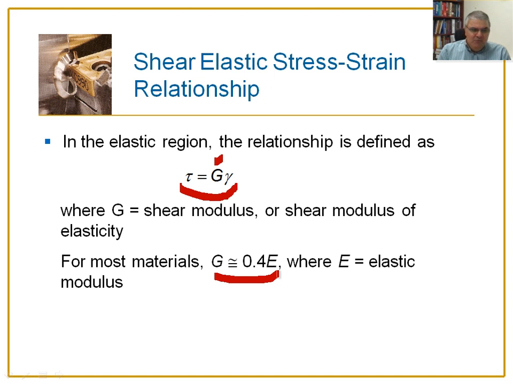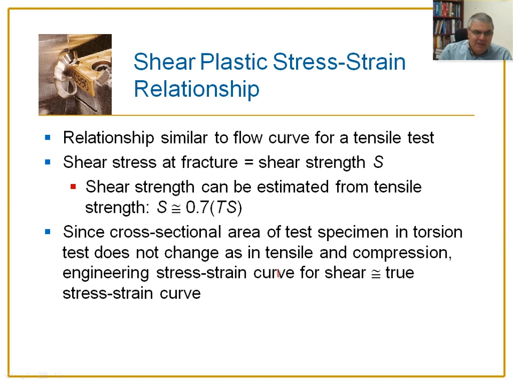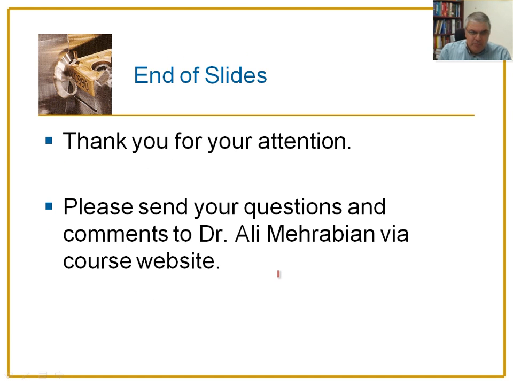So if we know the modulus of elasticity of a material in the elastic region, we can approximately estimate the shear modulus as 40% of the elastic modulus. That brings me to the end of part 2 of mechanical properties of materials.